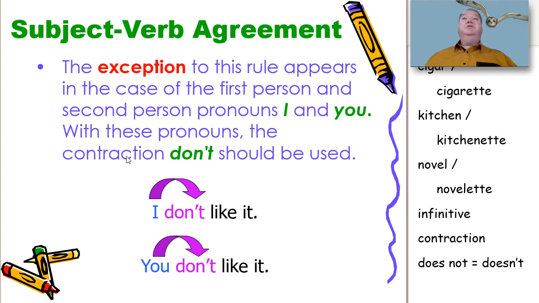The exception to this rule, an exception to a rule means it doesn't follow the rule. It's a special case. The exception to this rule appears in the situation of the first person and second person pronouns, I and you.